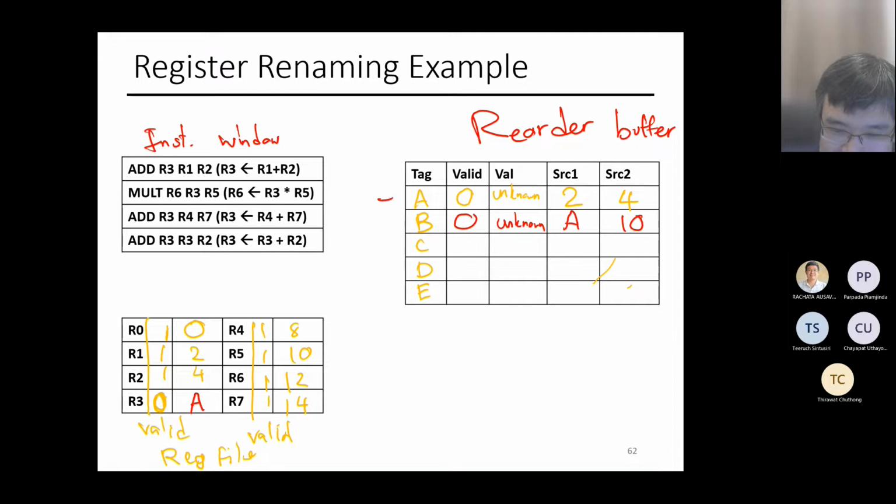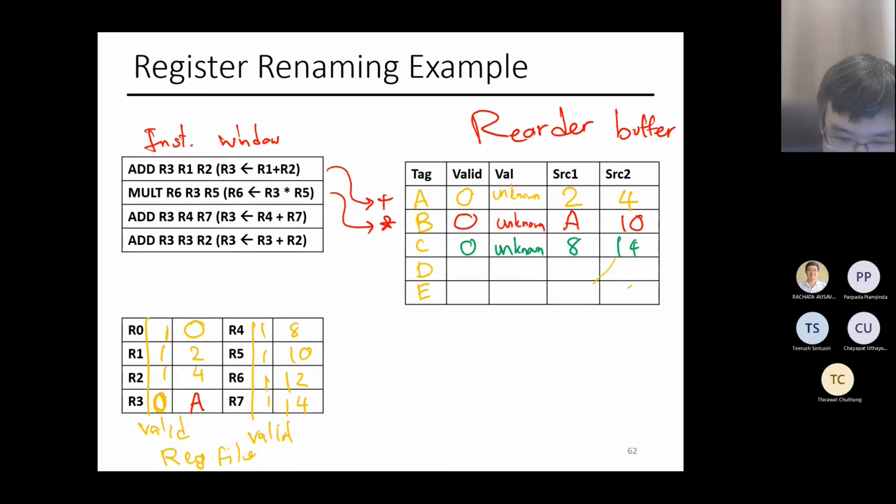So this is my add, this is my multiply. Now the third instruction, I want to add R4 and R7. R4 is valid, R7 is valid, so simple. R4 is 8, R7 is 14.